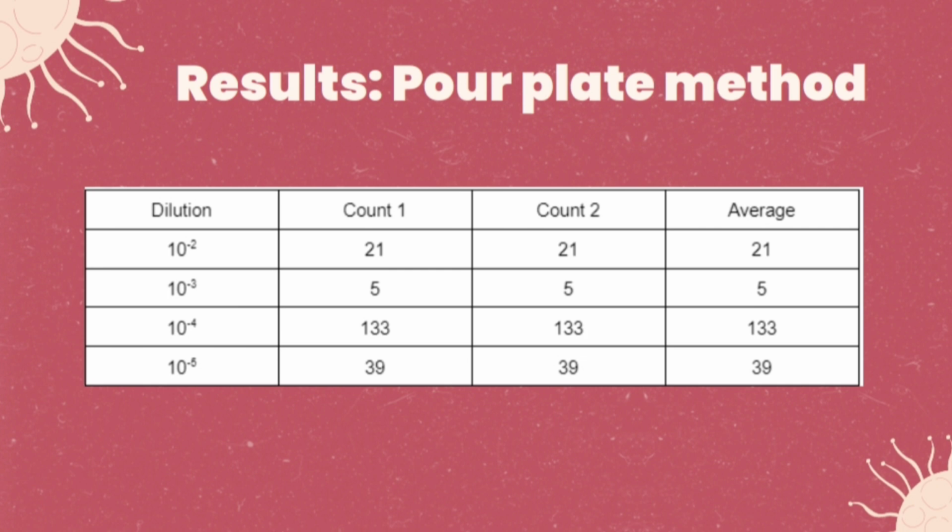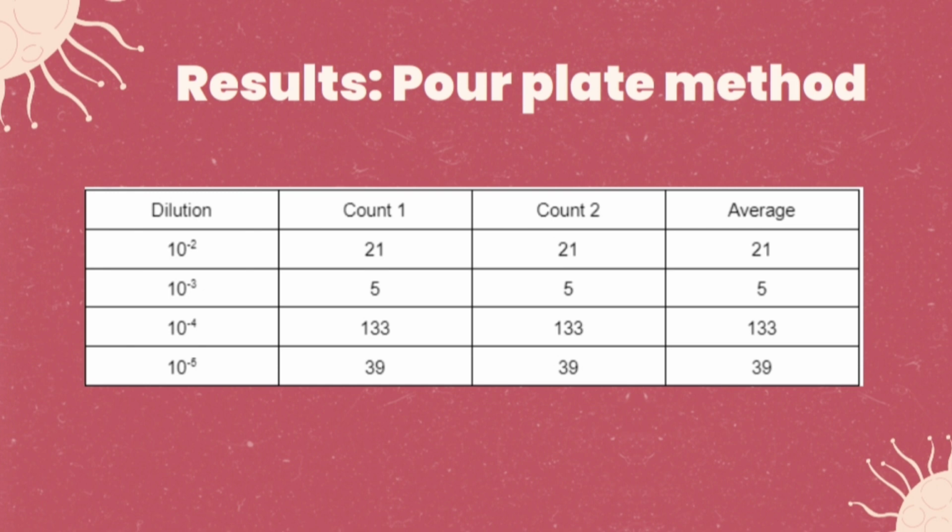Dilution 10^-3 has 5 bacteria. Dilution of 10^-4 has 133 bacteria, while the last, dilution of 10^-5, has 39 bacteria counted.